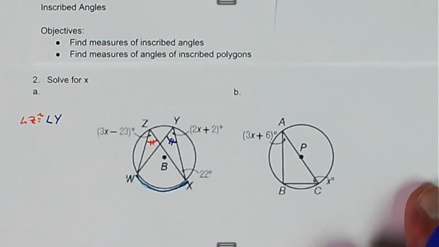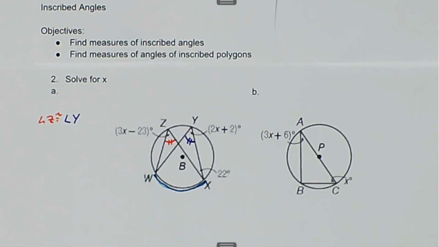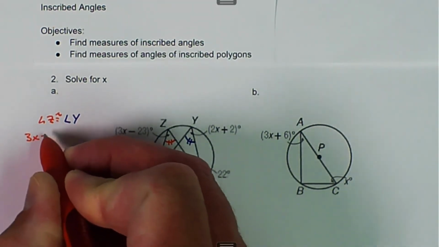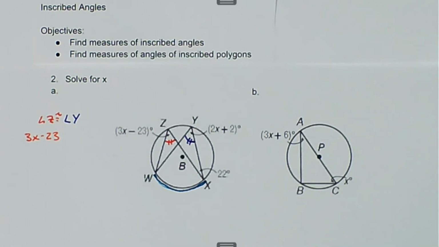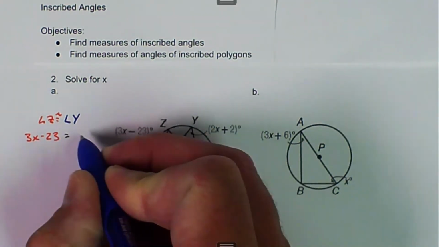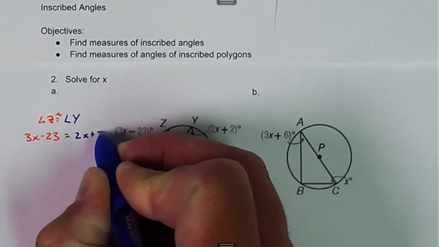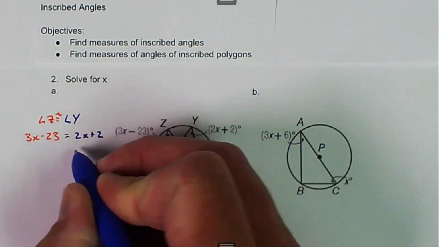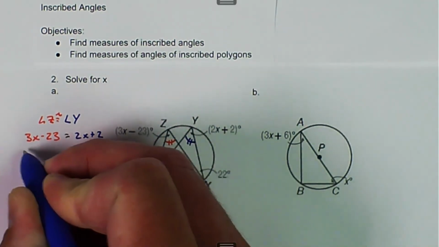So then we can substitute in the values that we know. So we can say 3x minus 23 is equal to 2x plus 2. And then what we want to do is subtract 2x from both sides of the equation.